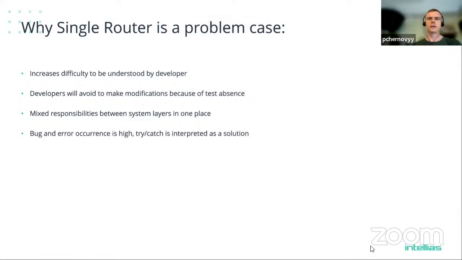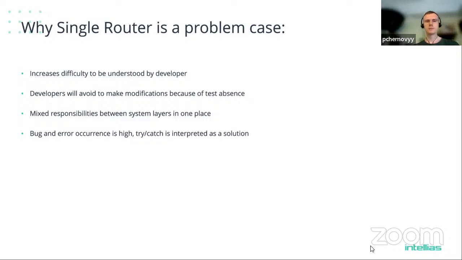Here I made a couple of notes regarding why a single router is a problem case. It increases the difficulty to be understood by a developer. Developers will avoid making modifications because of test absence. And of course, complexity for the mentality to understand how it works, how it behaves. It requires some time to deal with such logic.